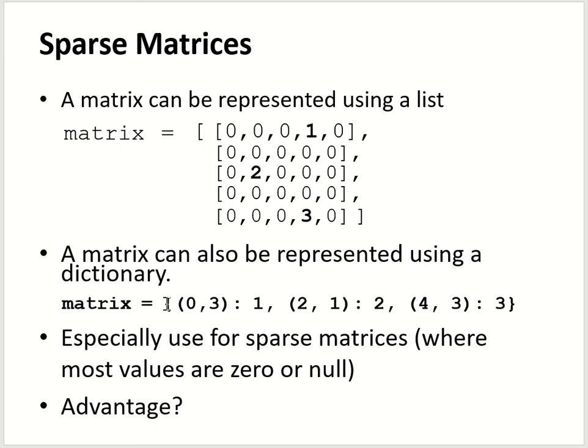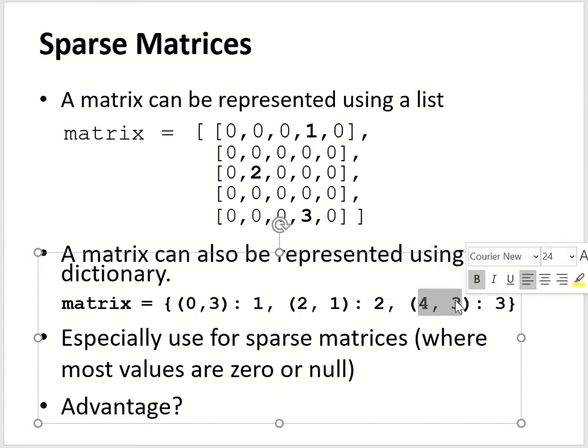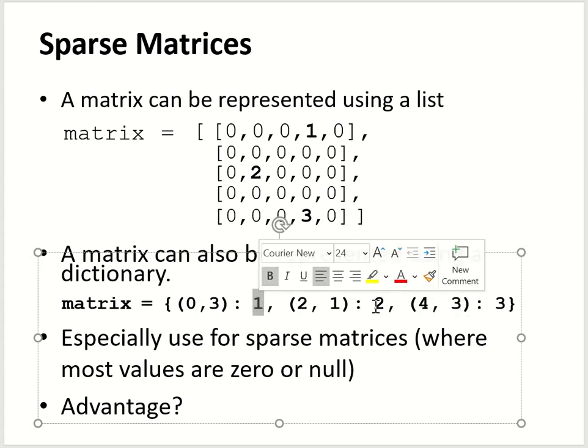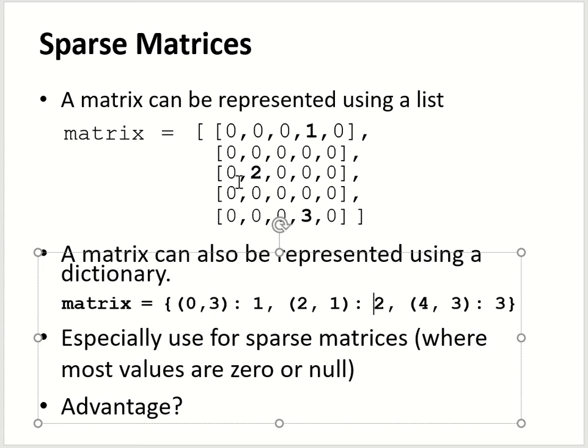So in here, matrix is a dictionary where the keys are two-item tuples, a row and a column location. And then the value is what we see in the image, the numerical value. So this might be useful for these sparse matrices where nearly all of the values are zero.